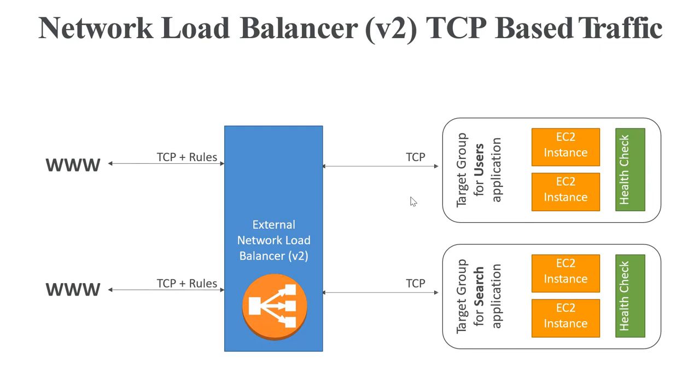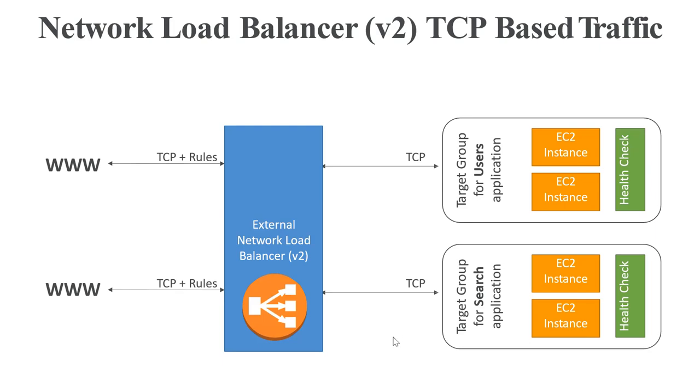We can define that at the protocol and socket level, but you cannot define path-based routing rules. That is the main difference. That's why we say this is a layer-4 architecture. The 4th layer has TCP and UDP, so it starts directly from that layer. But with the application load balancer, you have the application level also, so route-based rules can be used with that.